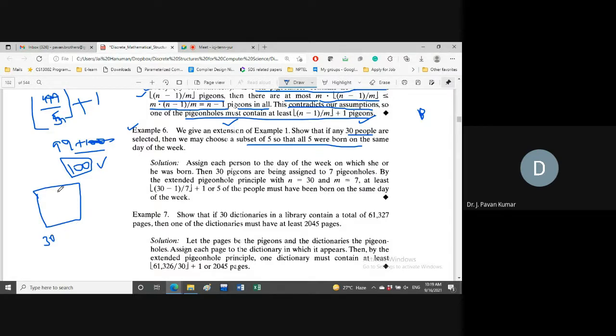These might have been born on different days, like Sunday to Saturday. Then if you consider any subset of 5, all 5 may be born on the same day of the week.